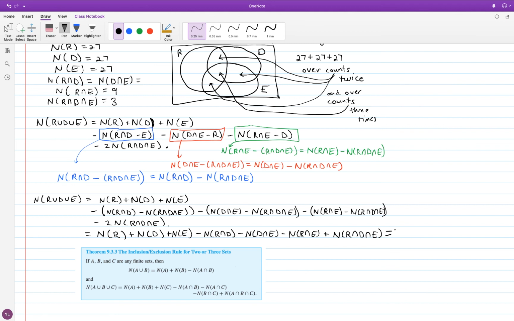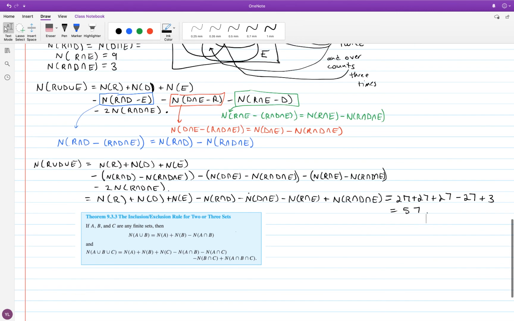So how many cards are either red or diamond or empty is 27 plus 27 plus 27 minus 9, 9, and 9. So that's another minus 27. And then you add back in 3. So altogether, I have 57 cards. And maybe it's worthwhile going up to the image of the entire deck and seeing that we have exactly 57 cards that satisfy that category.